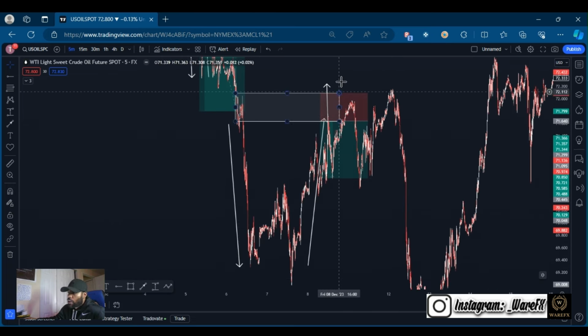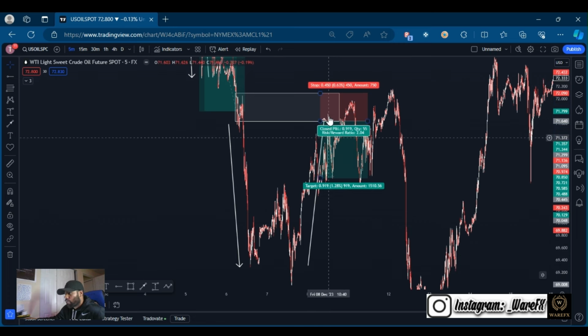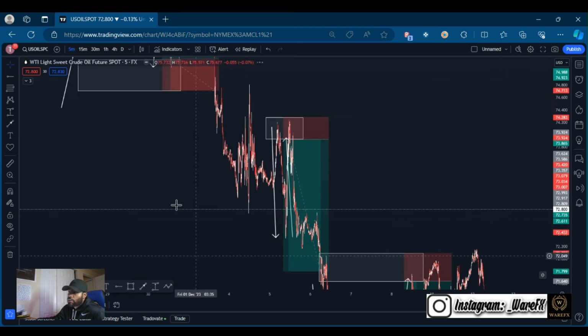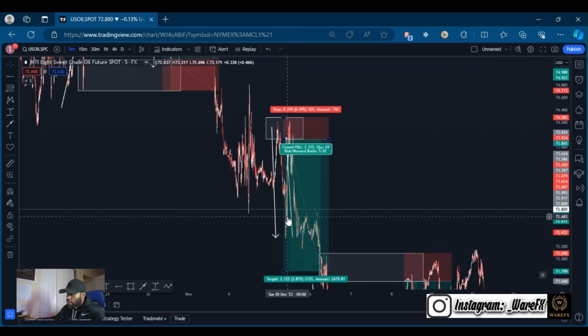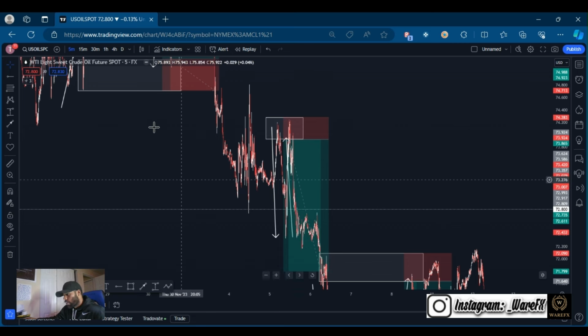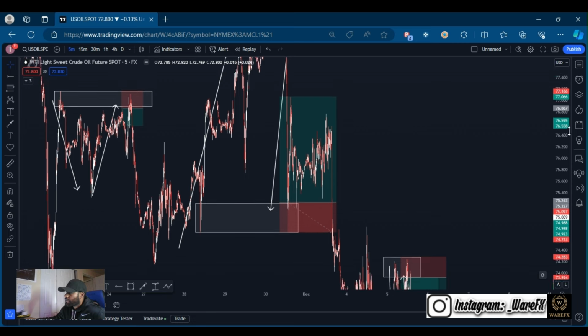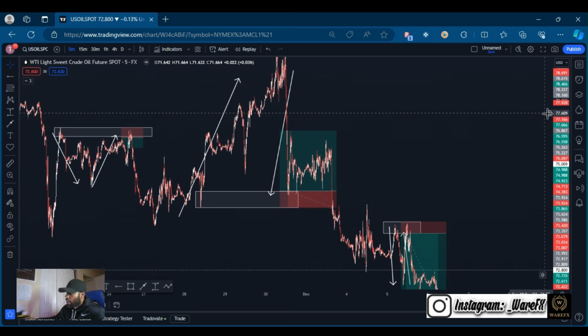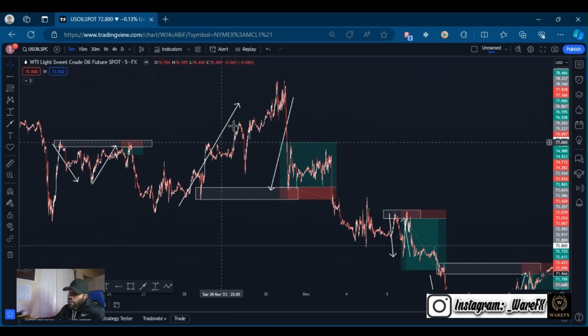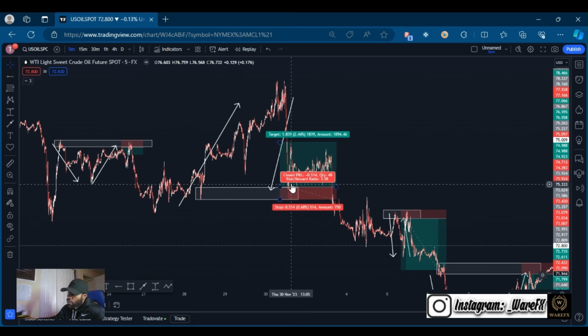Heavy selling. Comes back to the zone. Doesn't break the zone. Rejects off of it, banger. Heavy selling. Come back to this zone. Reject off. We in. Banger. Heavy buying. Comes back. Damn, real heavy buying. Comes back to the zone.